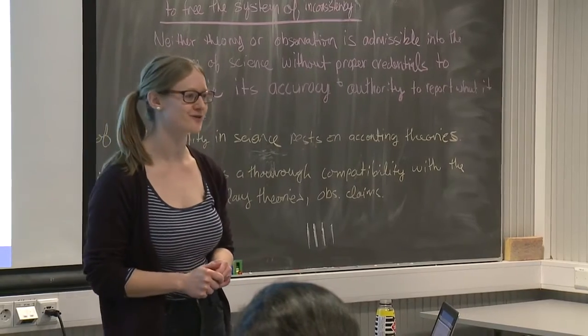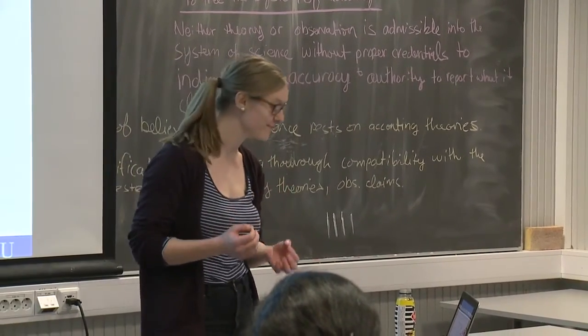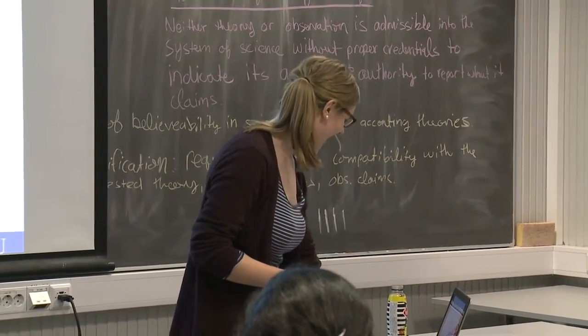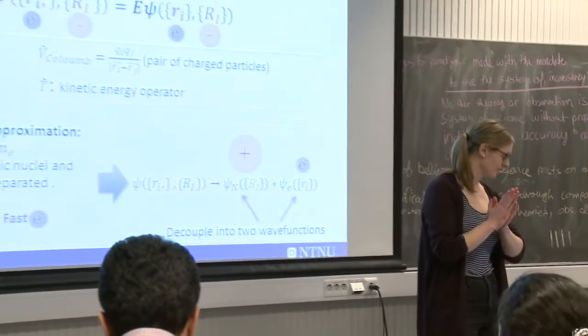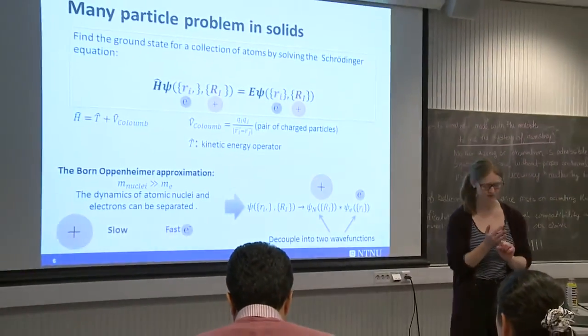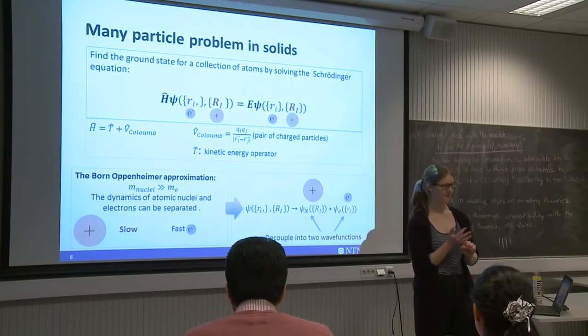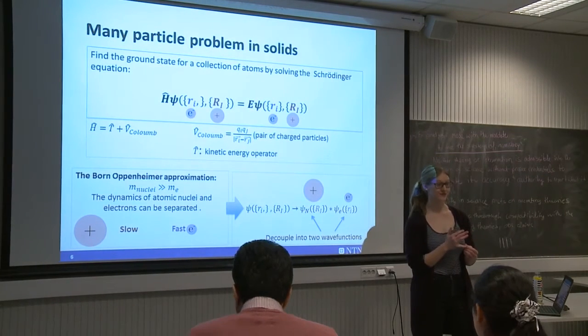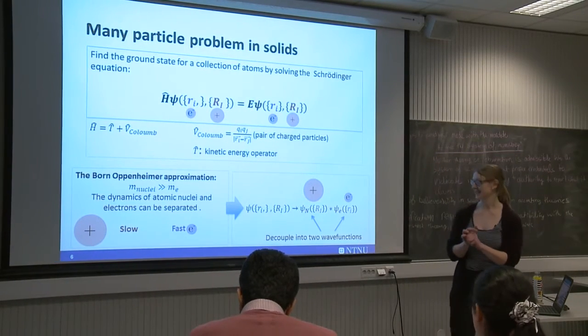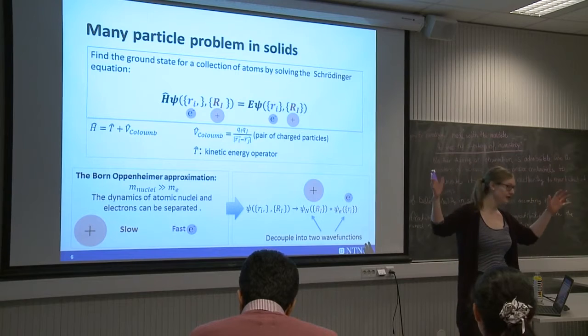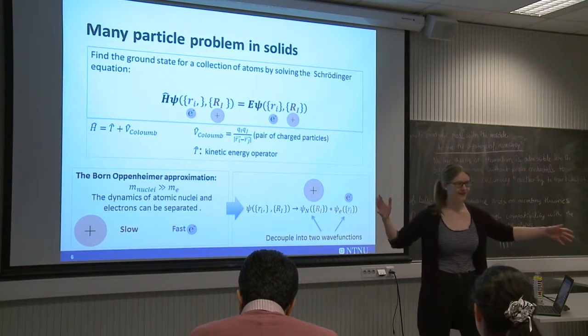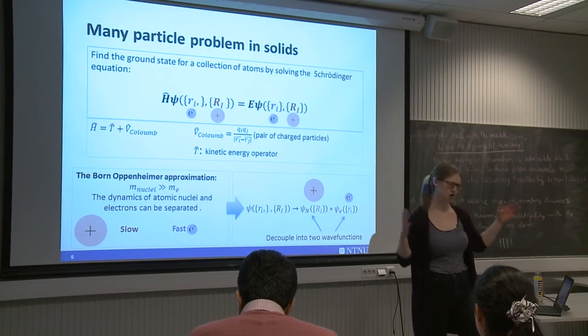So let's try to make this at least a bit simpler. The first thing we do is apply the Born-Oppenheimer approximation. That approximation basically says that the nuclei are big and heavy and slow.